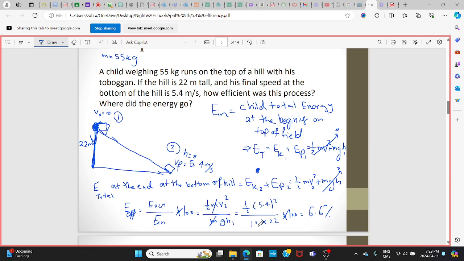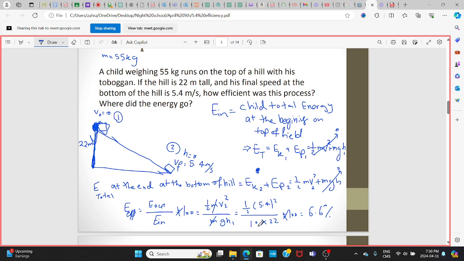How did it happen that we lose the energy? We're saying that energy won't be destroyed. Do you think the energy was destroyed? Any thoughts? No one?